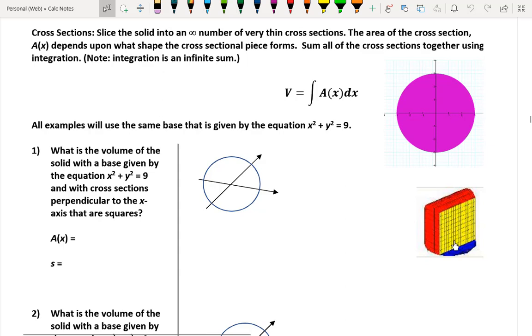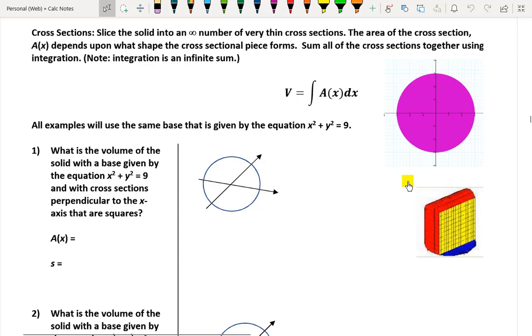If you do an infinite number of little thin squares, you would make this shape that you see up here, and as the circle gets wider, the squares get wider, which means their height gets higher, and so on. This actually builds what we call a solid, and we want our cross sections to be squares on this particular solid.